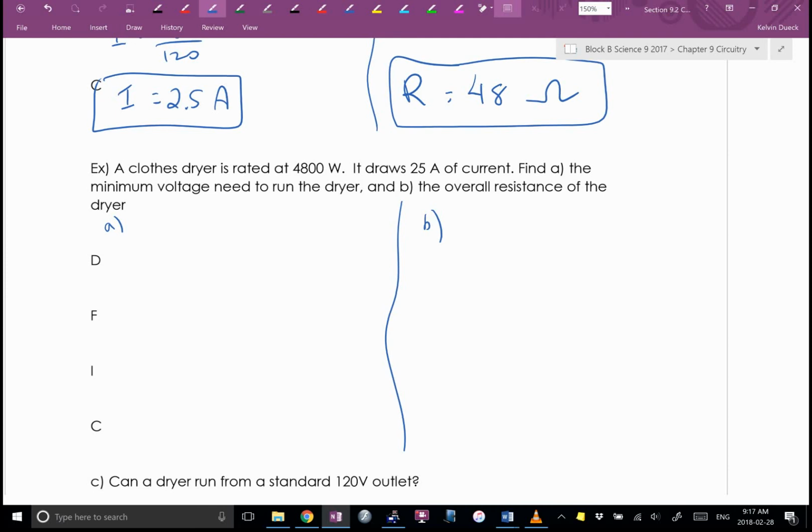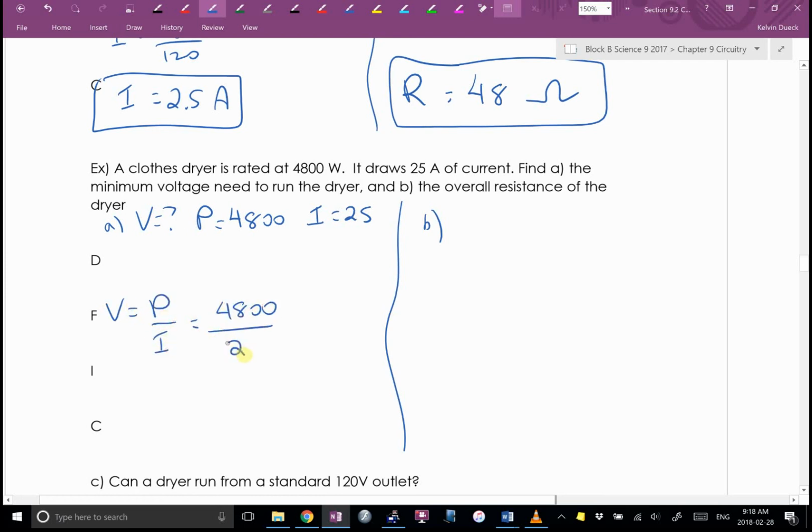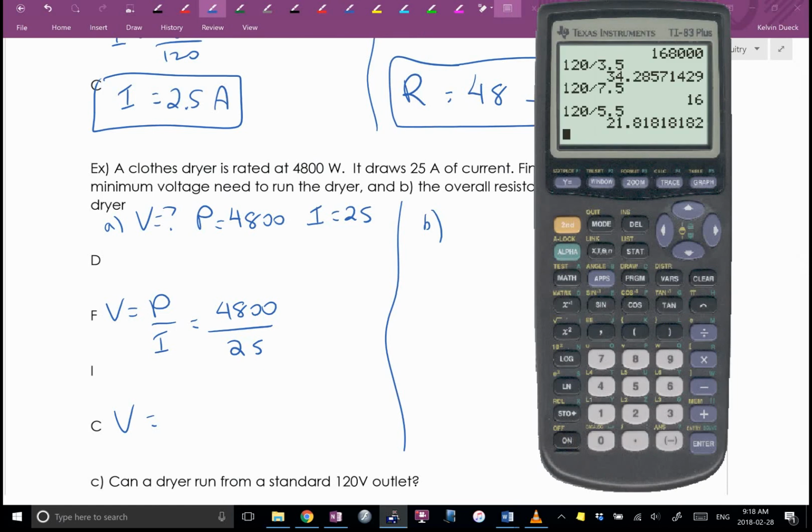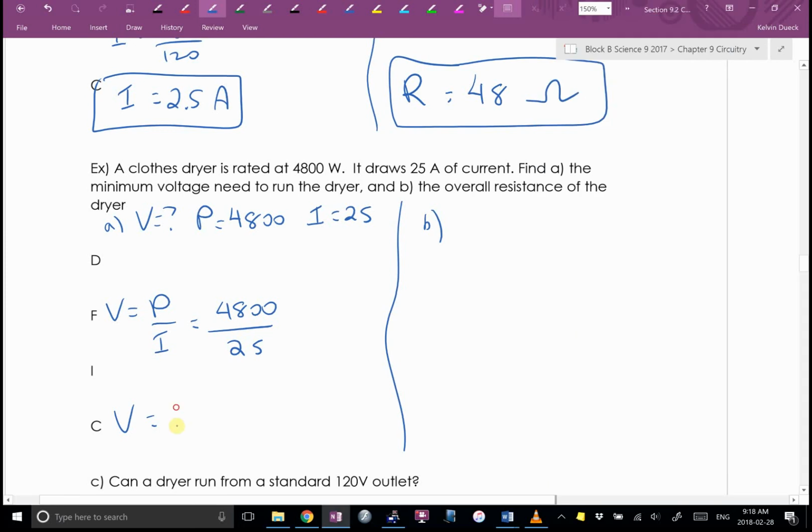What do they want me to find? Oh, V. Is that right?